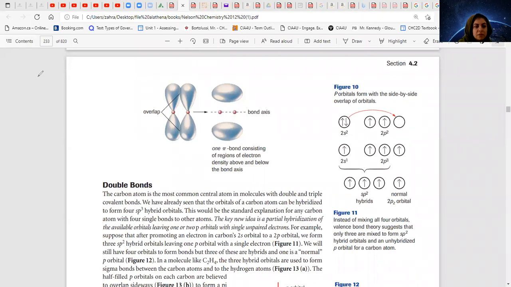Here we have C2, meaning two carbons attached to each other. Now two hydrogens here and here.